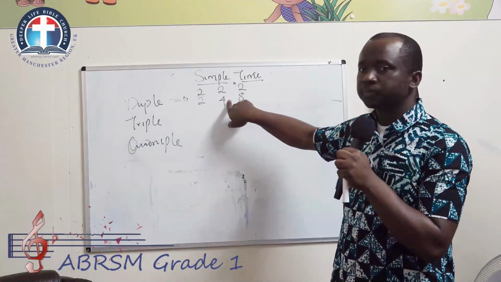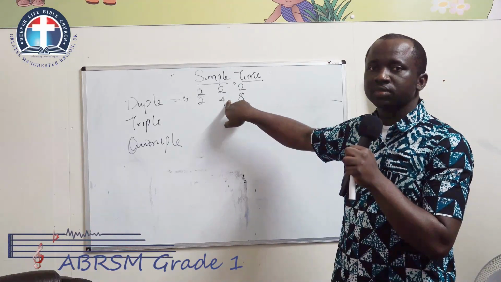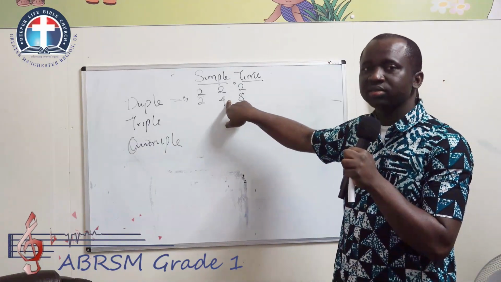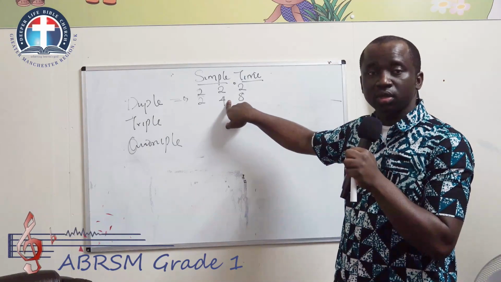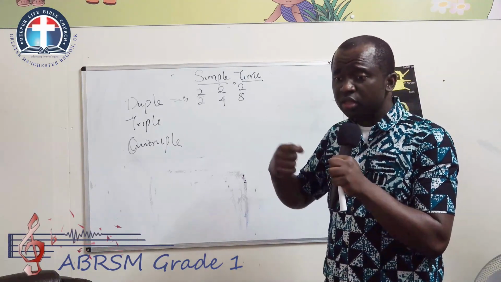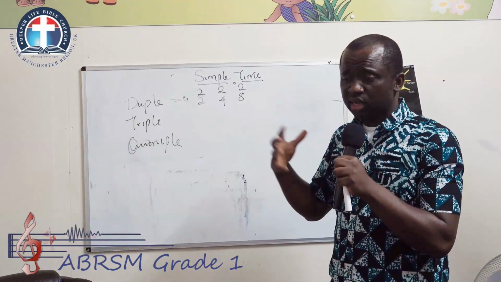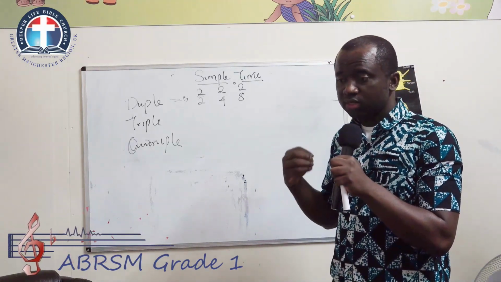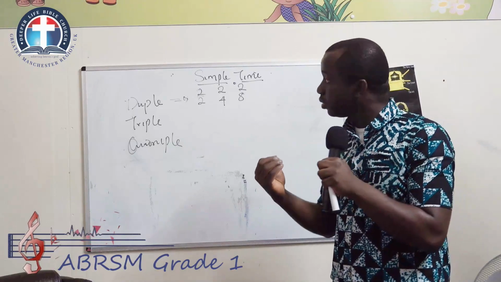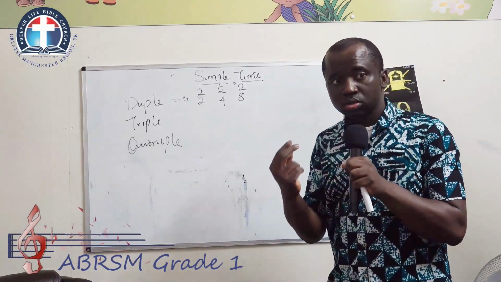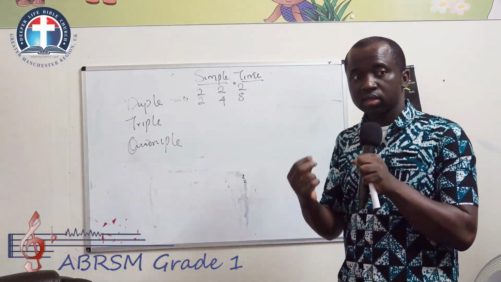This 4 is a crochet, because remember, when you did notes and values in your class, we said that minim is what? 2 beats. Am I right?